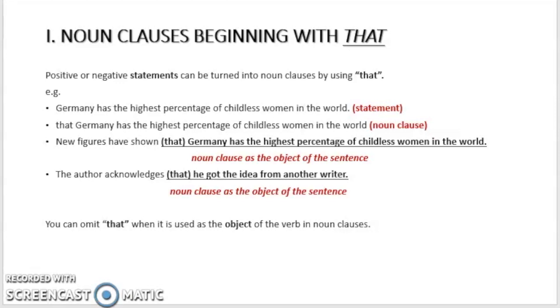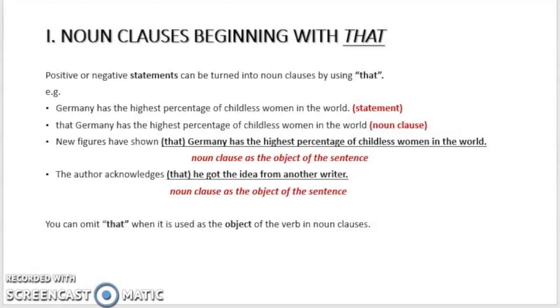When we add that to the beginning of the statement, it becomes a noun clause. That Germany has the highest percentage of childless women in the world. And we can use this that noun clause as the object in the sentence. New figures have shown that Germany has the highest percentage of childless women in the world.